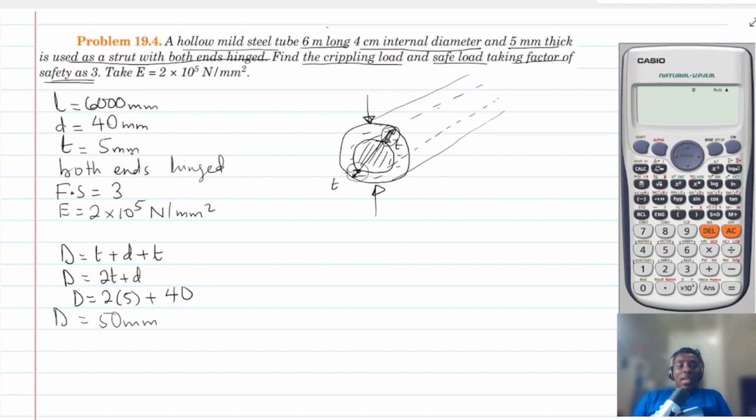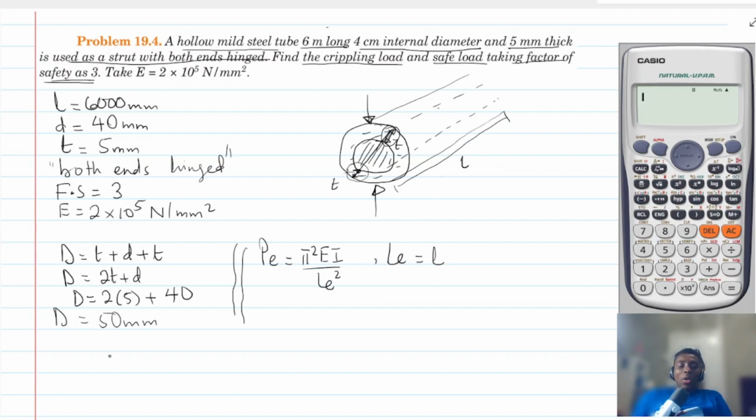Now he said both ends hinged. For Euler load, if both ends are hinged, the Euler load is pi squared EI divided by LE squared, where LE is the effective length. But if I have both ends hinged, then the effective length is nothing but the length itself.